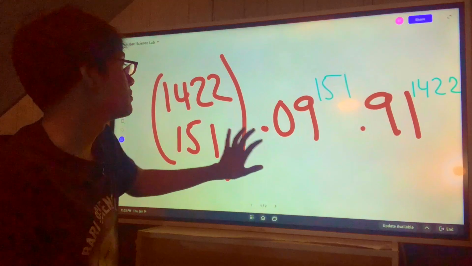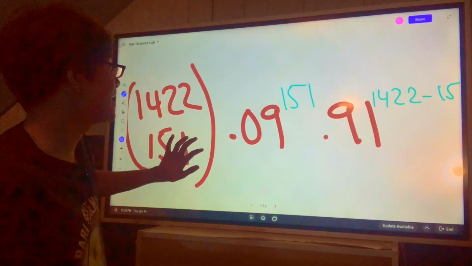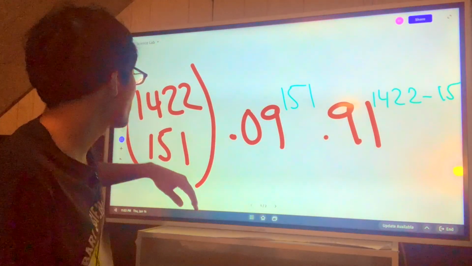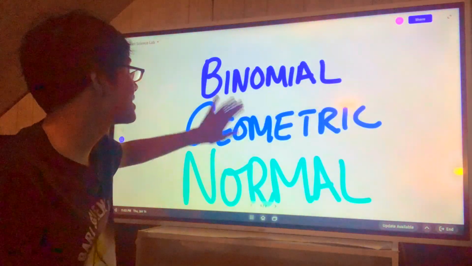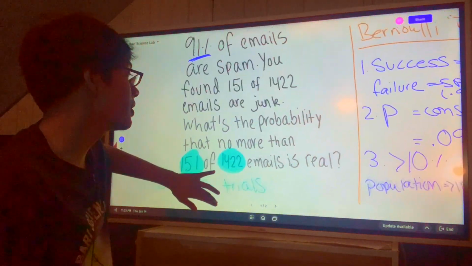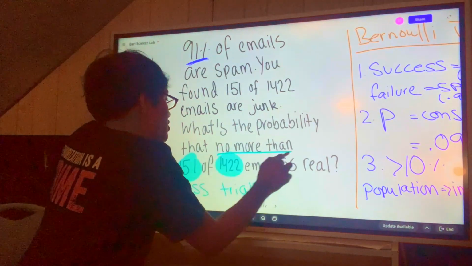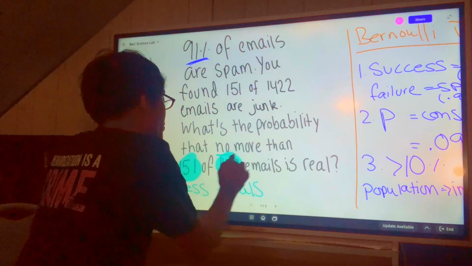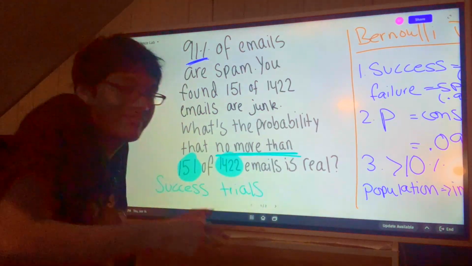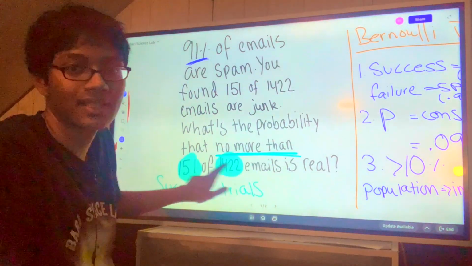So if the question had asked for the probability of exactly 121 successes, then we could use binomial. But since it's asking an interval-like question, no more than, that gives us a clue that we want to use normal models, not binomials.